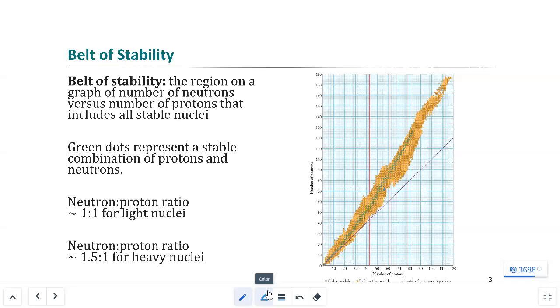We're going to need more neutron spacers in between to keep those protons apart from each other so that the nucleus doesn't just fly apart and break into protons and neutrons individually. So that's why we see this bending occur, because as the atoms are getting bigger, we need more of those neutrons, those neutral spacers in between those protons to keep them from getting too close to each other.